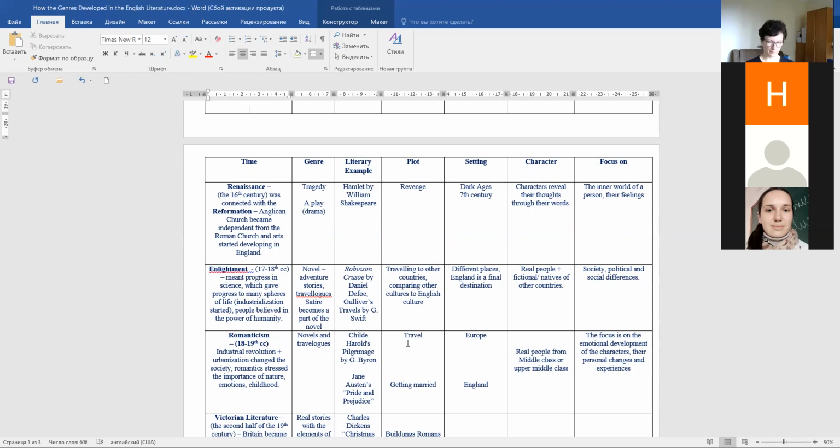The plot is traveling to other countries and comparing other cultures to English culture. The setting is different places, and England is the final destination.